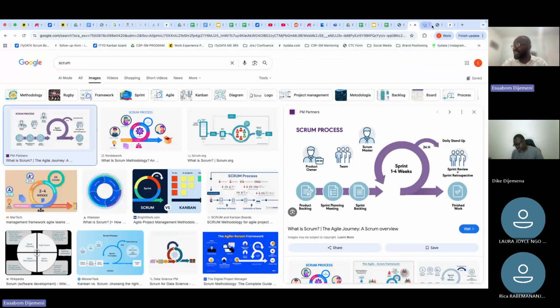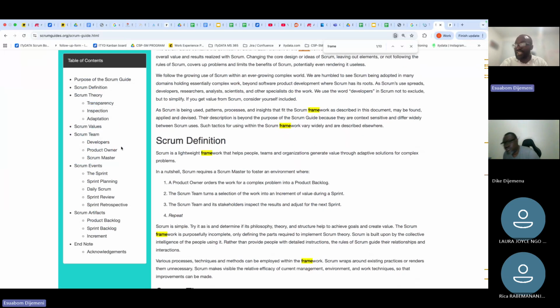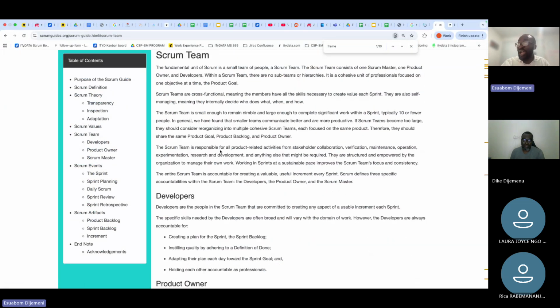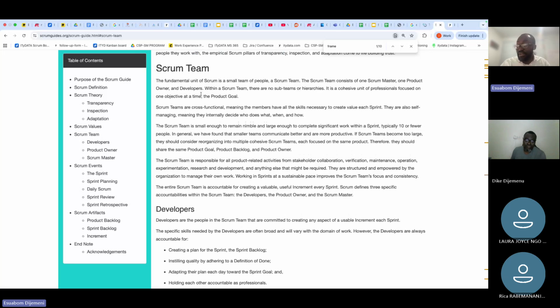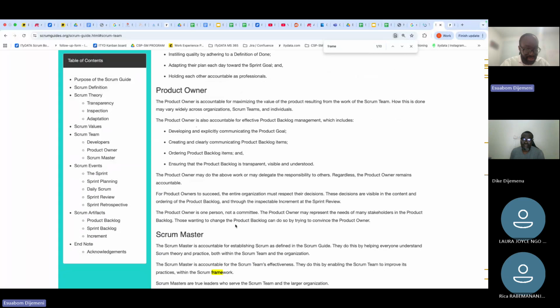But now let me just touch on Scrum. Let's go back to this image. Scrum is actually a framework. It tells you what to do. For example, Scrum tells you how your team should be structured. You have developers, you have a product owner, you have a Scrum Master.